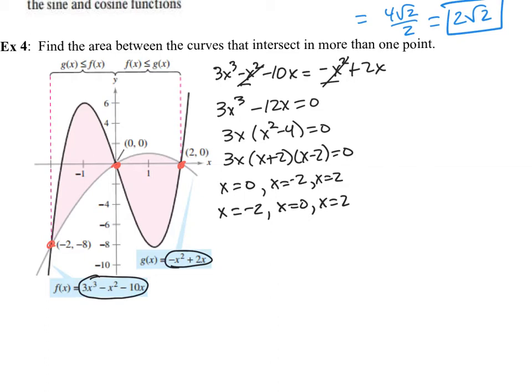Okay, so now we're ready to write our expression to find the total area of the two regions. So we'll start with this region. So that's going to be the integral from negative 2 to 0. So from negative 2 to 0, we're going to take the upper function, which is f of x minus g of x.